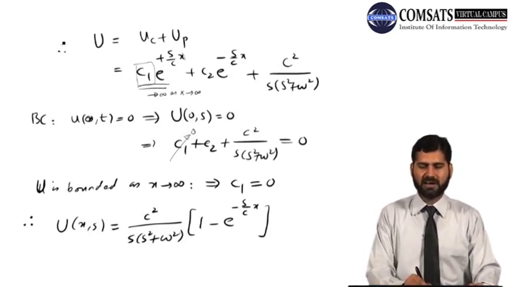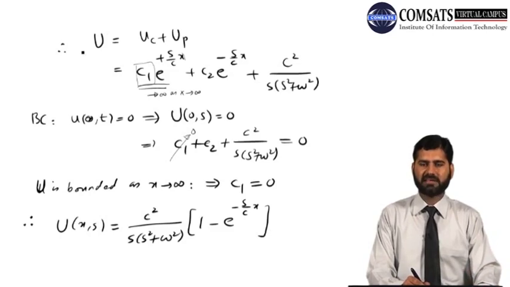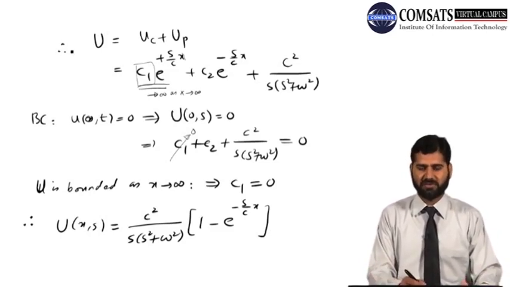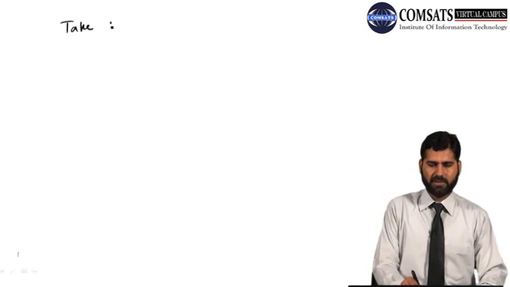So we use the conditions on x only. We cannot use the conditions on t right now, because this is an equation in x. So I have to use the conditions for x, which is at x equal to 0 and at x equal to infinity. All right. So now take the inverse Laplace transform.